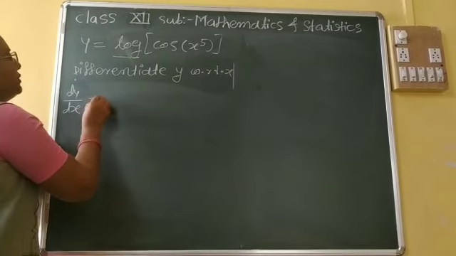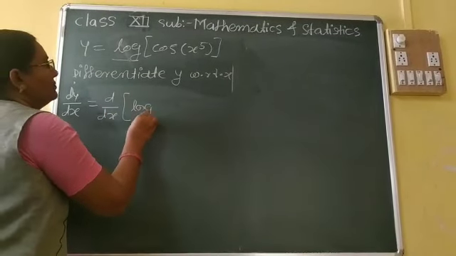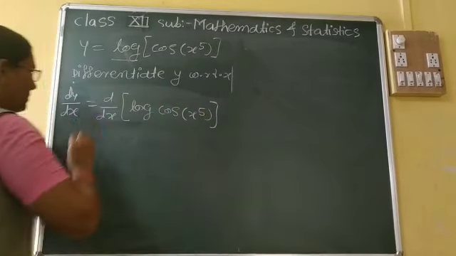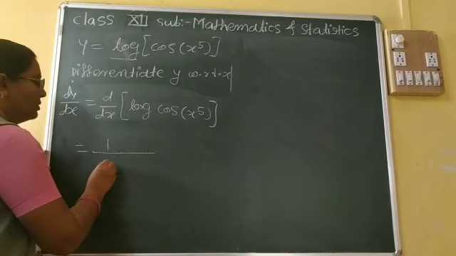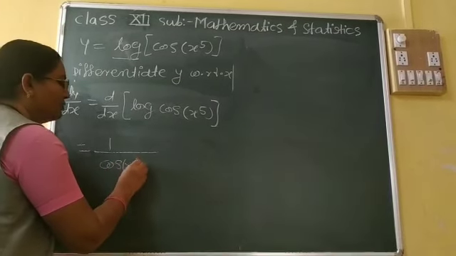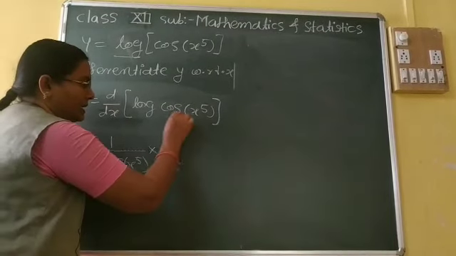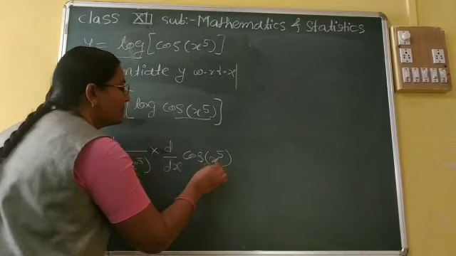First take the derivative of log, that is d by dx of log of cos of x raised to 5. The derivative of log is 1 upon cos of x raised to 5 into the derivative of the inside function, that is cos of x raised to 5.